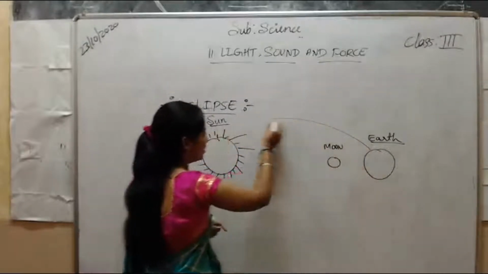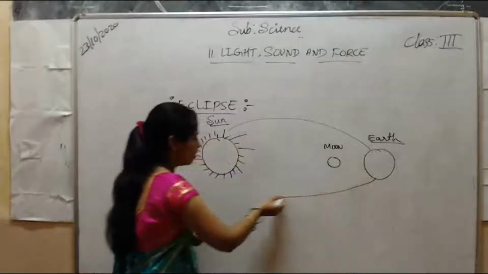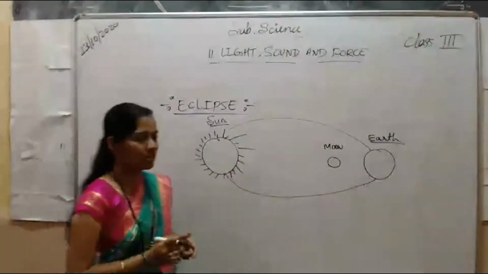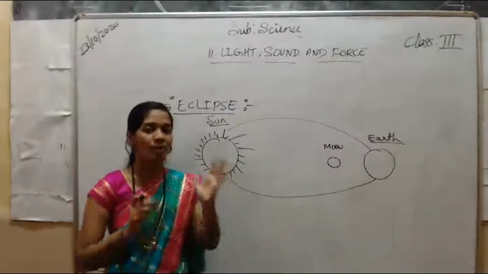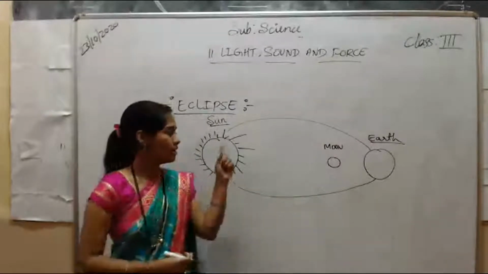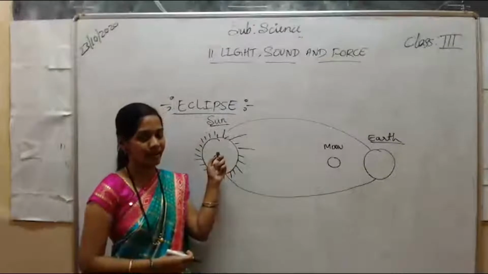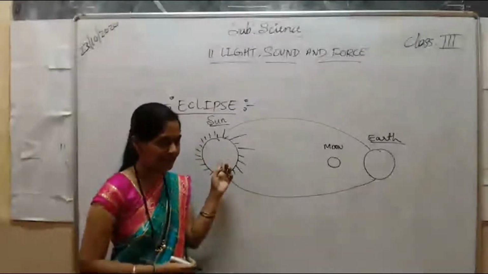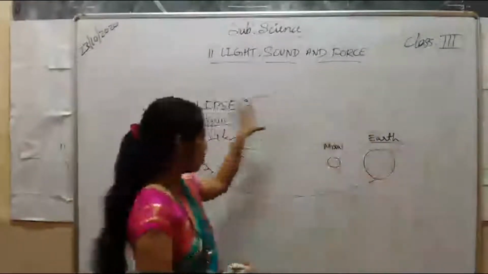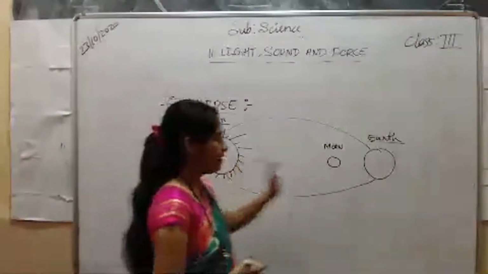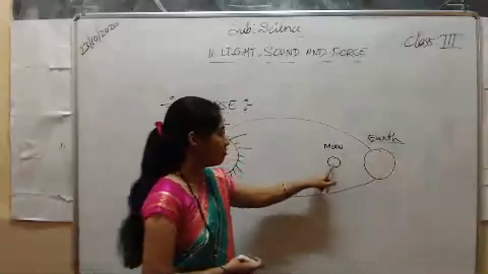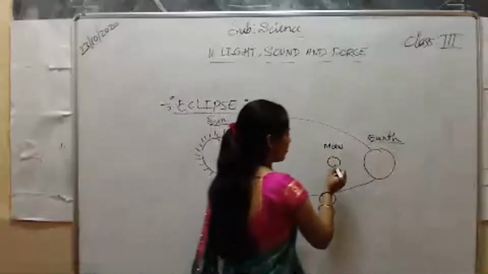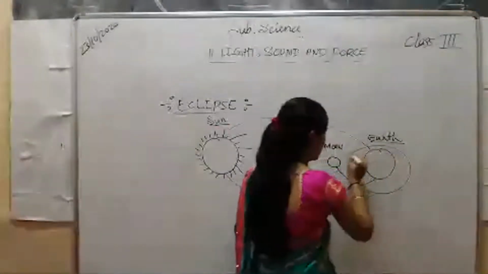Remember, students, the earth always revolves around the sun. In our solar system, we have 9 planets, and all the planets revolve around the sun, which is in the center. In the same way, the earth also revolves around the sun, and the moon revolves around the earth.